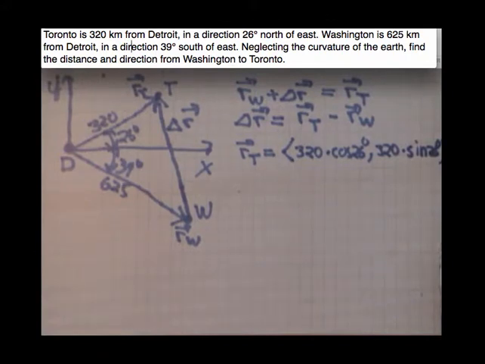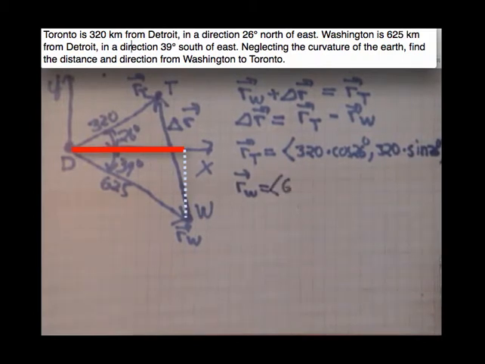Okay. I can now calculate the Cartesian coordinates of the vector R sub W in a similar fashion. The x component is a positive number, given by 625 kilometers times the cosine of 39 degrees.